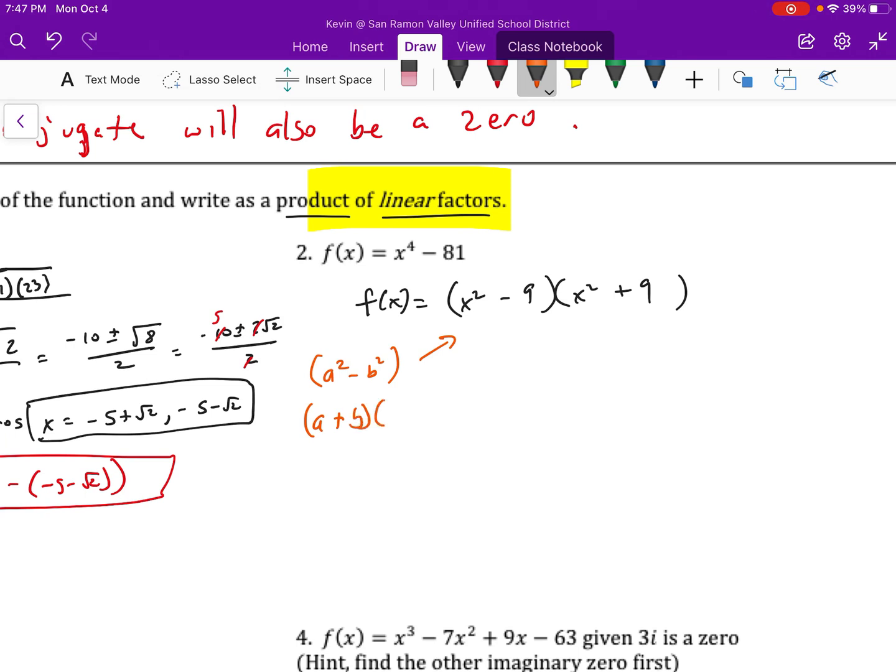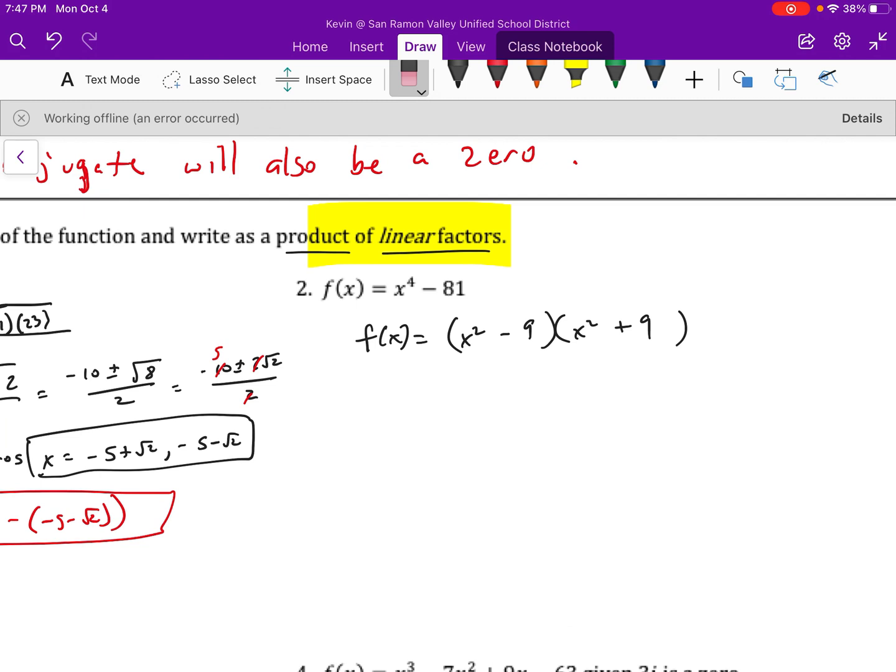Let's do it this way. I prefer x squared minus 9 equals 0. We want to find those zeros since the factor is built off of the zeros. x squared equals 9, so x equals plus or minus 3. So here we have x minus 3, x plus 3.